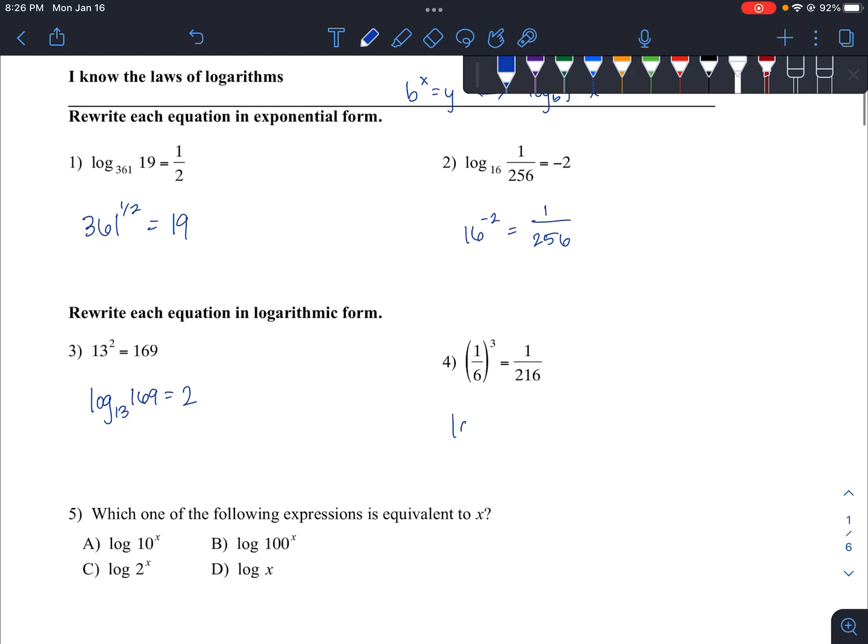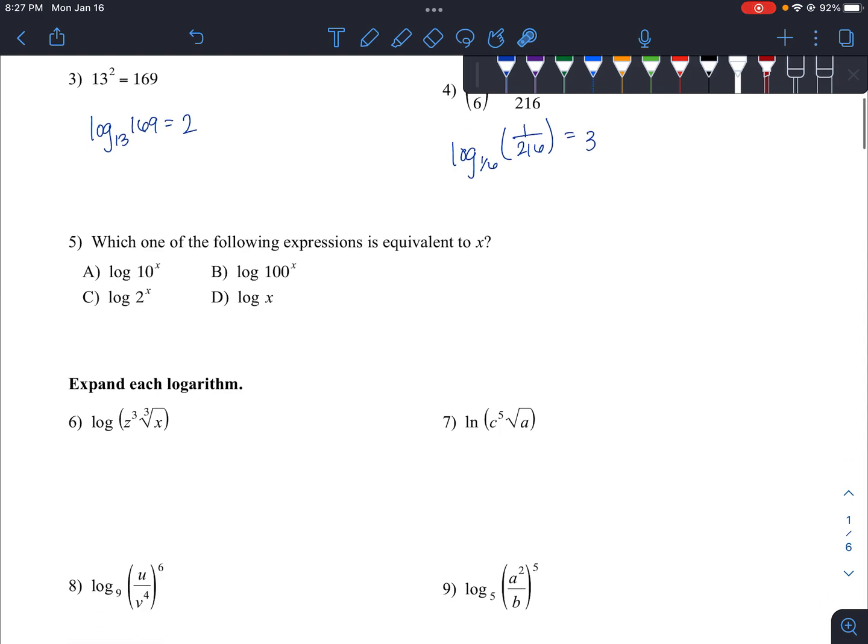This will be a logarithm of base 16 of 1 over 216, equal to 3. Whenever I'm going from exponential to logarithms, remember that the exponent is what the logarithm is equal to, because logarithms help us define what exponents are. So this exponent is equal to this logarithm right here.